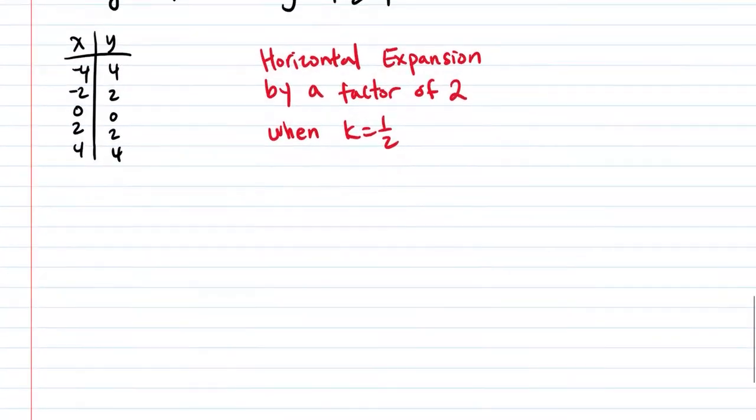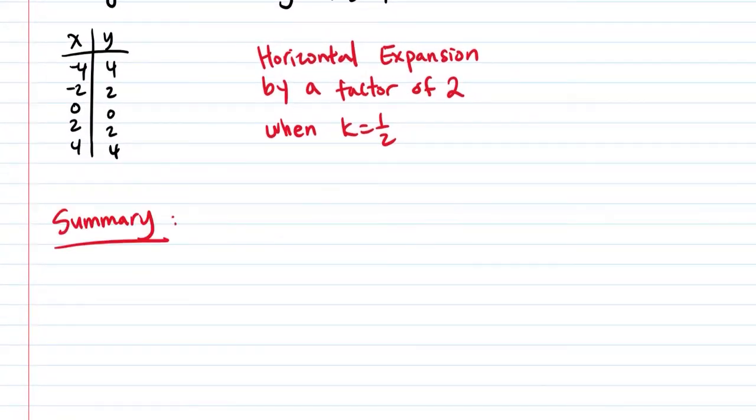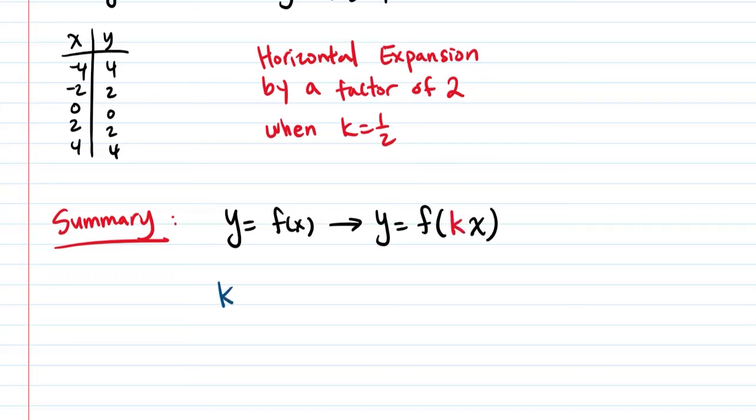Let's summarize the horizontal compression or expansion. y is f of x is transformed as y is f of kx, k times x. So k will give us the idea what kind of transformation it is, compression or expansion.